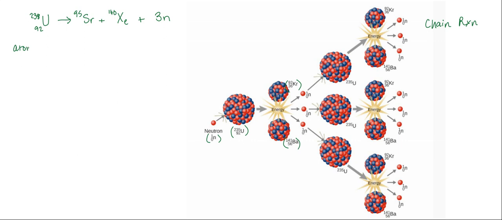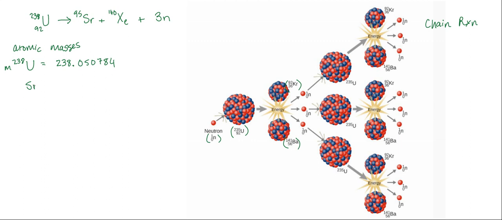So these atomic masses, remember, are what are most important in figuring out the difference in mass between the reactant and the products. And so we're going to have that the mass of the uranium-238 is going to be equal to 238. And remember, there's always these decimal values that are very important, so we actually do have to write them out because that will be where the difference is formed.